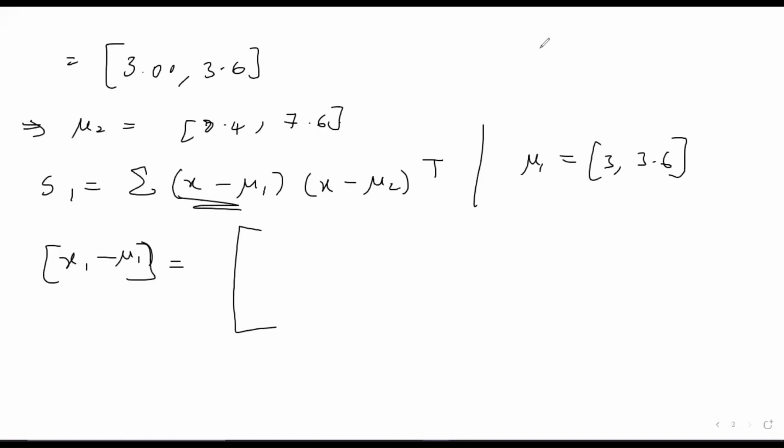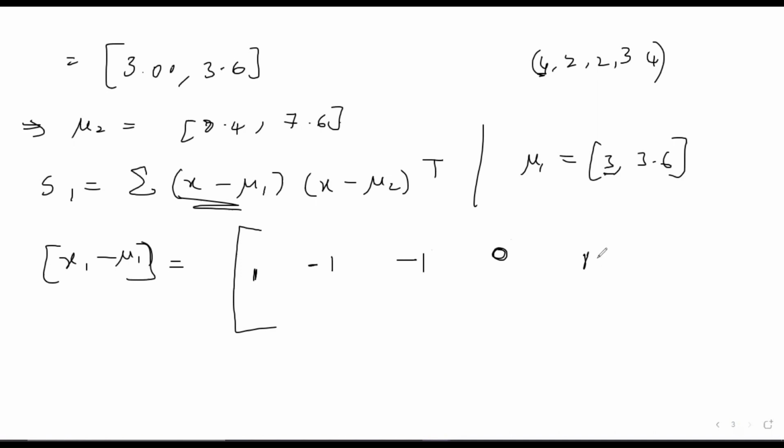Now we are going to subtract the mean from these values. 4 minus 3 will be 1, next minus 1, next minus 1, 0, and 1.